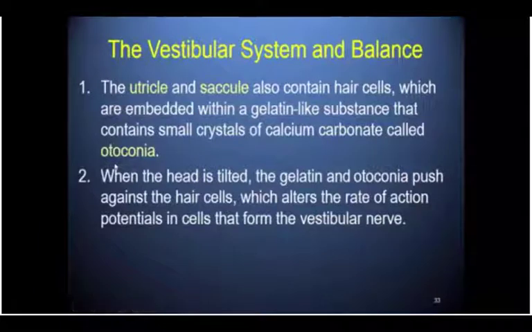When they touch the hair cells, it changes the way in which the action potentials are being sent, and that's the sensation that's picked up. So it's not vibrations and picking up hearing. These hair cells are focused on identifying these calcium carbonate crystals and sending information via the vestibular nerve to help the brain understand the changes in orientation that are occurring.